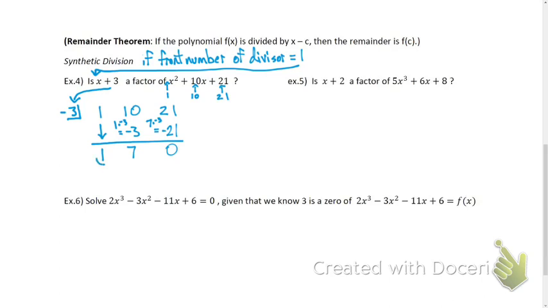This right here resembles x plus 7. That first term always gets one exponent less than what we started with. So like we started with an x squared, so that means this one starts with an x to the first. All right, and the answer is yes. Notice this is a repeat of number 1.